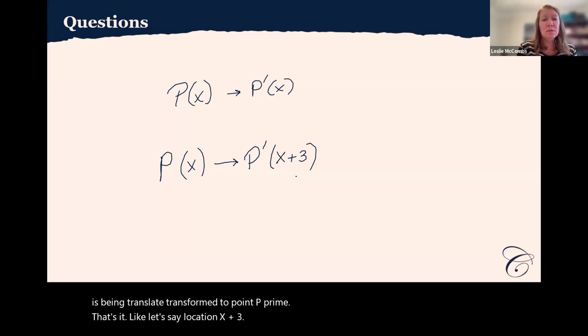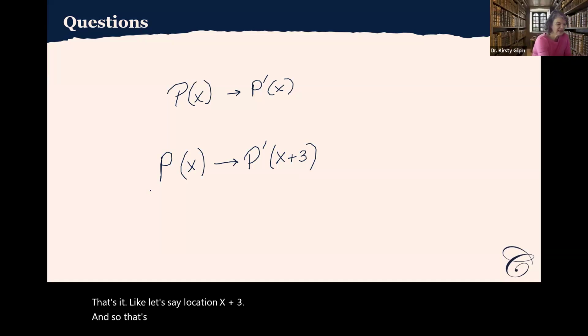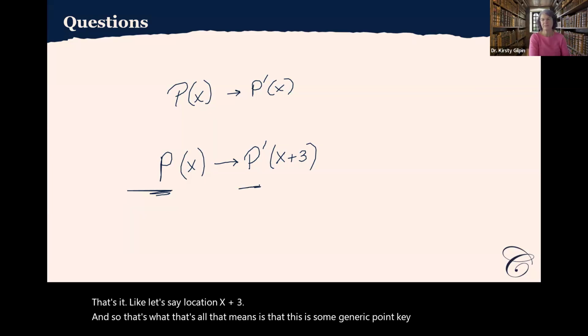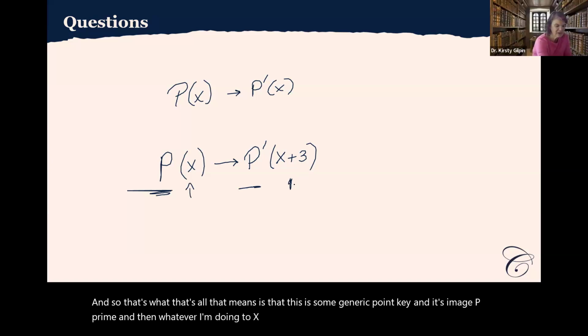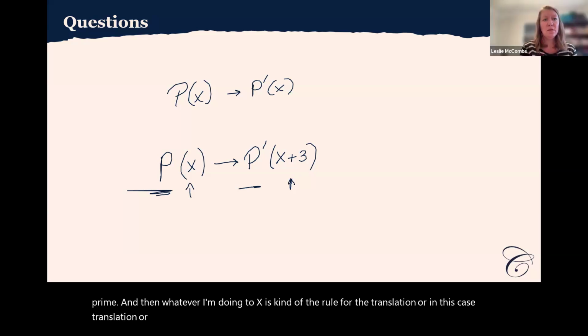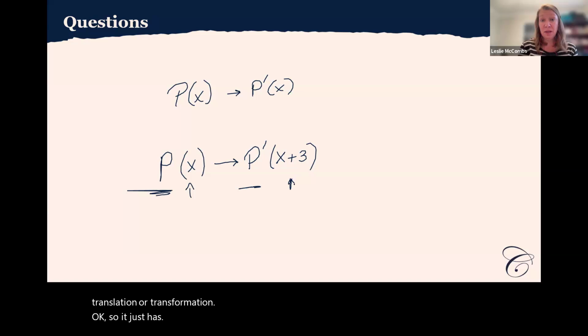And so that's all that means, that this is some generic point P and its image P prime. And then whatever I'm doing to X is kind of the rule for the translation, or in this case, transformation. So it just happened to be given the letter P. There was no particular symbolism.